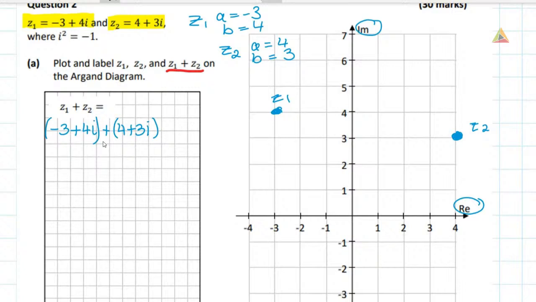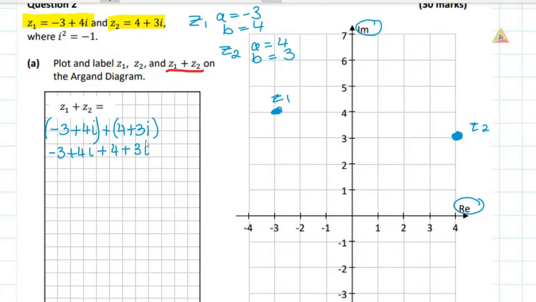If there's a minus in front of the second one, I just need to keep an eye on my signs, to keep track of whether I need to change pluses to minuses or minuses to pluses. But here there's a plus in front, so I don't. So I'm going to write it without my brackets. So minus 3 plus 4i plus 4 plus 3i.